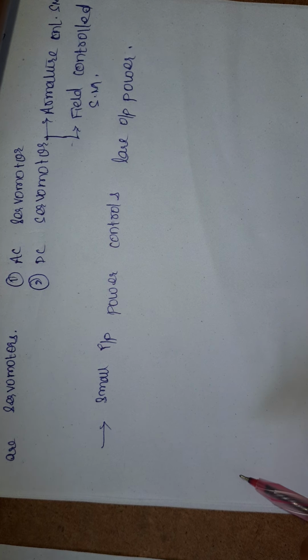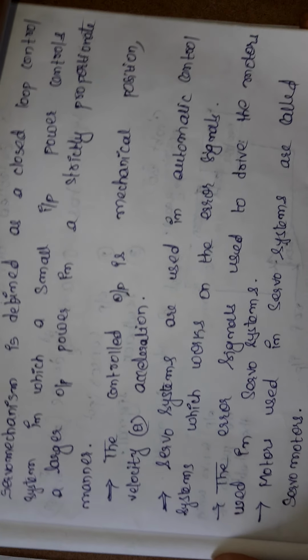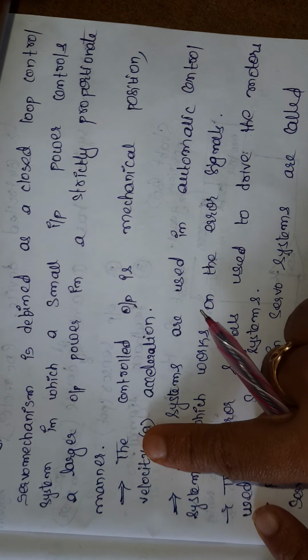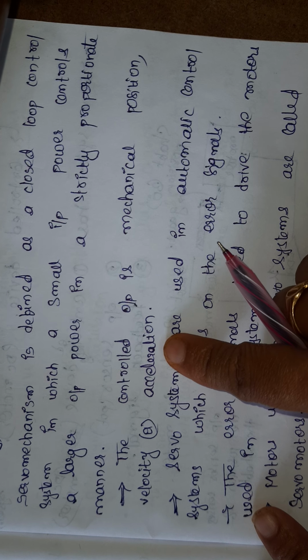next, servo systems are used in automatic control systems which work on the error signals. The error signals are used to drive the motors used in servo systems. So from this you can see the control output is mechanical position or velocity or acceleration.